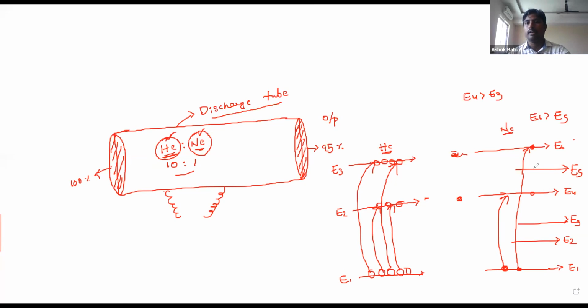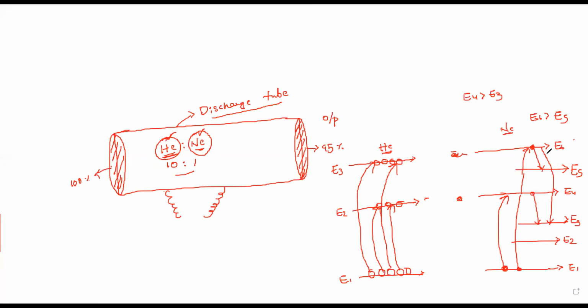But here three transitions are possible. One is E6 to E5, one more is E6 to E3, and one more laser transition is between E4 to E3. The E6 to E5 transition produces 3.39 micrometers of wavelength.